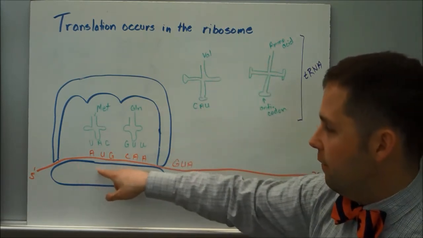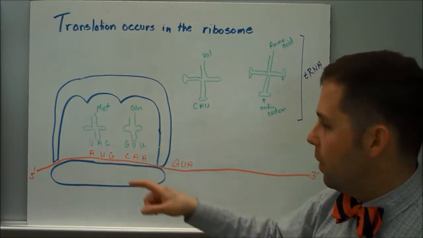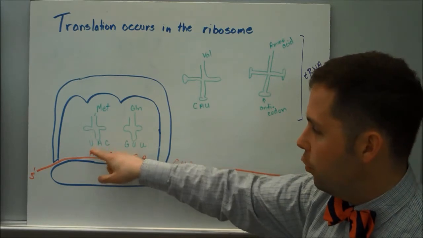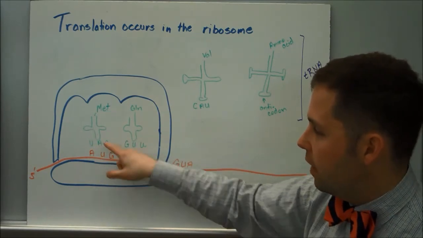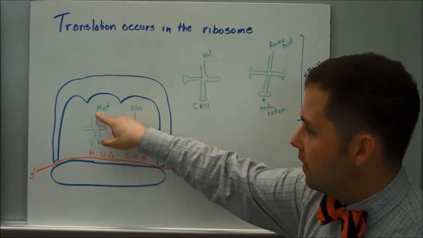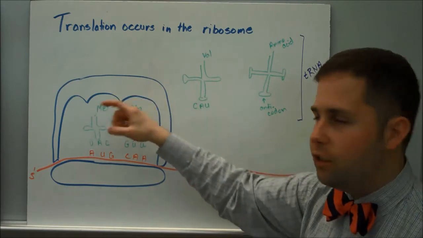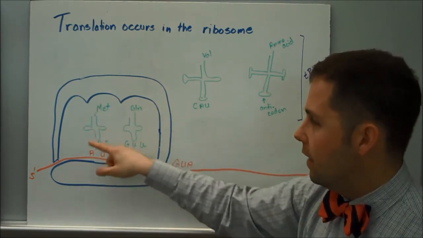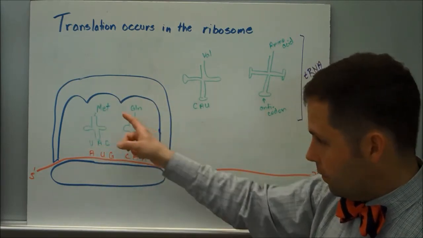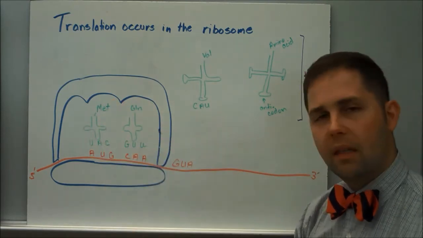You can see here on our first step, we have AUG on our mRNA, which binds the anticodon UAC because of our base pairing rules. And this UAC is attached to a methionine. So that methionine is pulled into the ribosome, binds to the mRNA, and we then have methionine in this site of the ribosome.